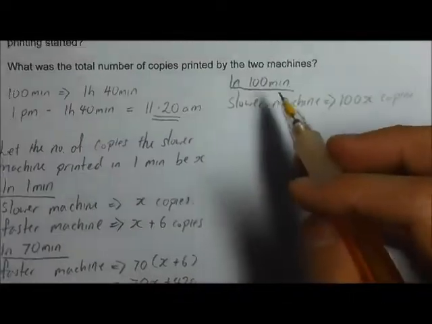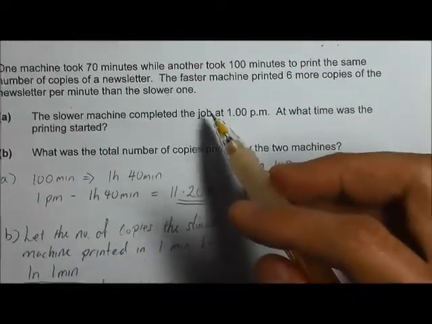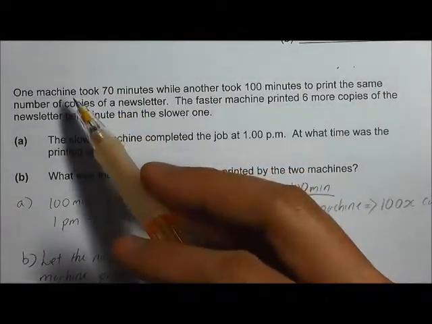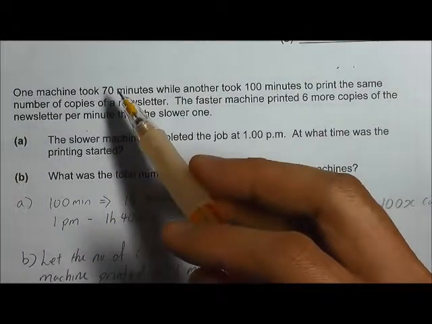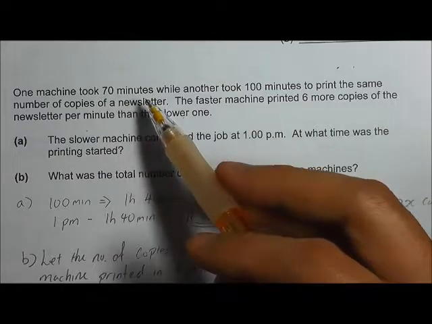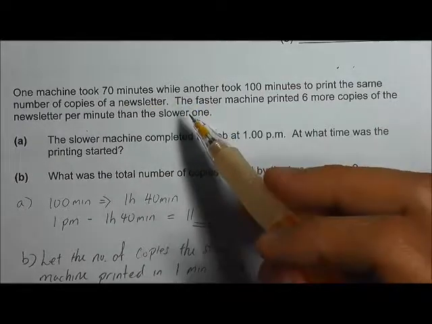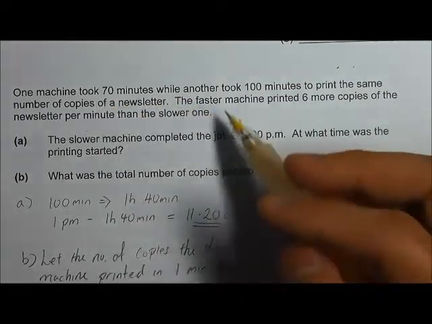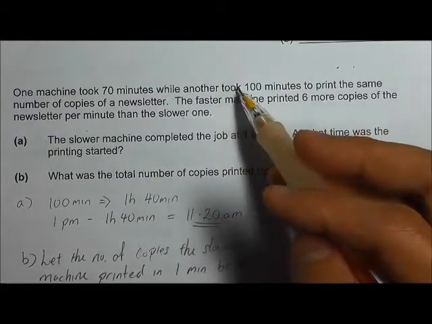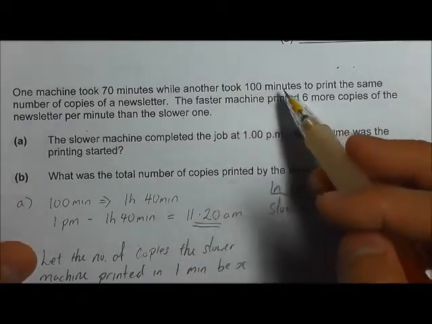Okay, and we know from the question that the faster machine took 70 minutes to print the same number of copies as the slower machine, which took 100 minutes.